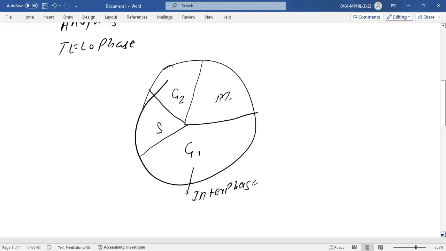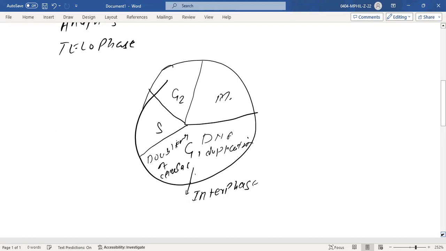Interphase. And at this point, you would have DNA duplication. Another thing that you can add here is doubling of cellular content.